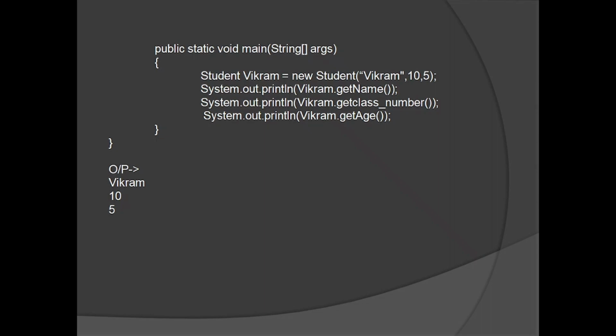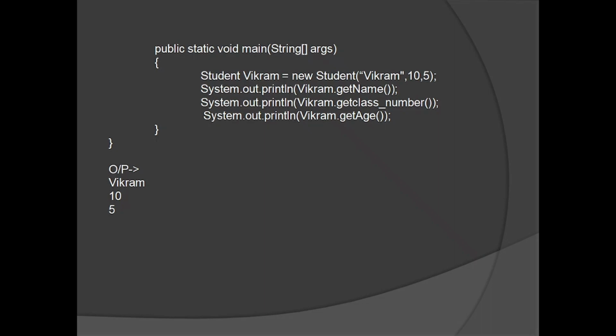So it has its own identity, its own name, its own age, its own class. Basically a class is a blueprint, and when we create an object of that class, it represents an entity in the real world. Now Vikram represents a real world student that has some name, age, and some class.